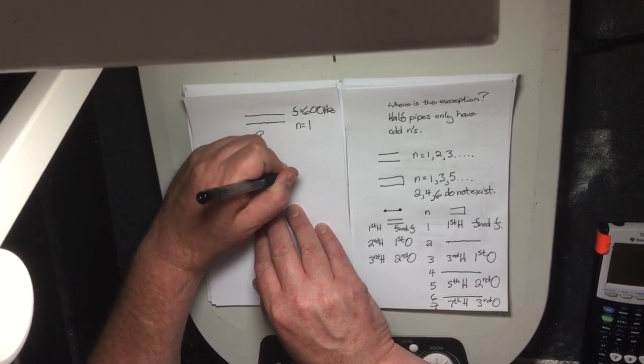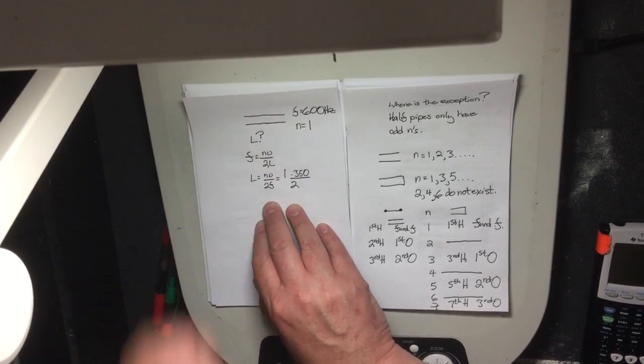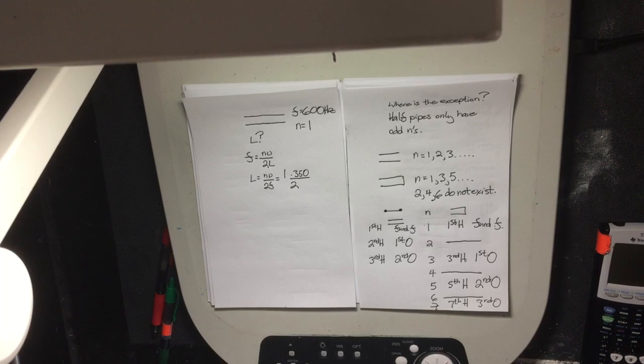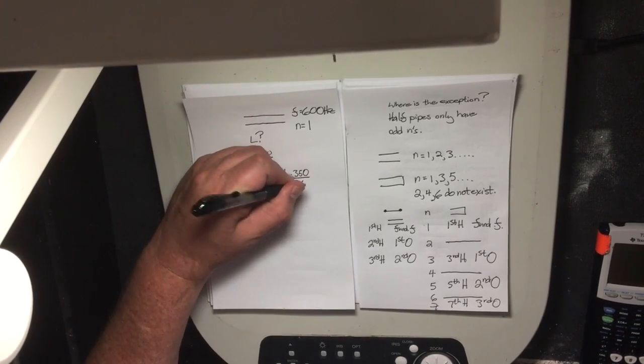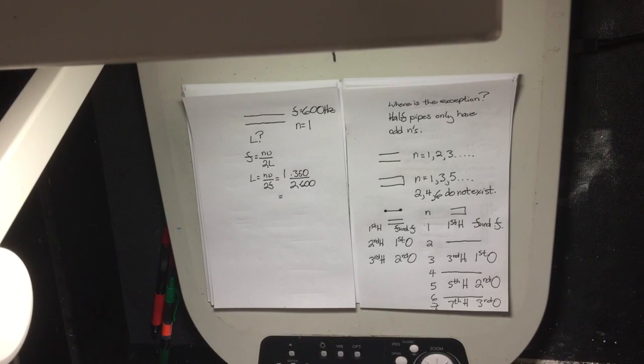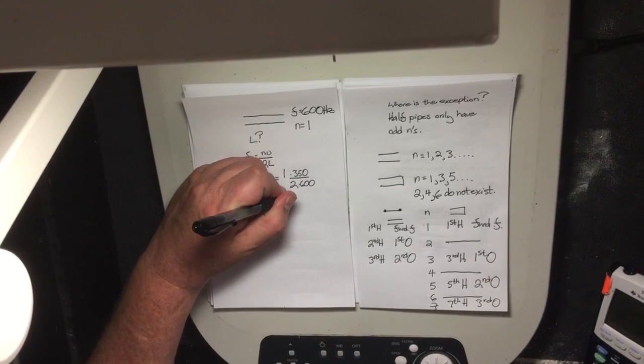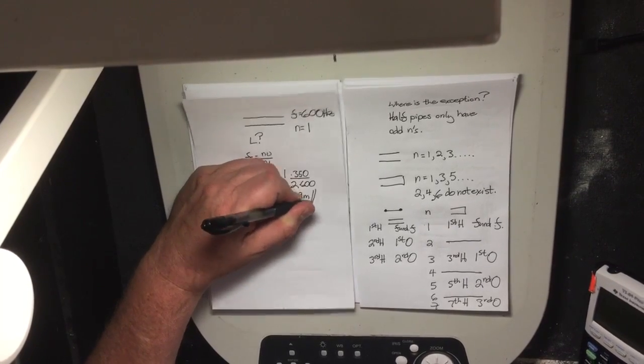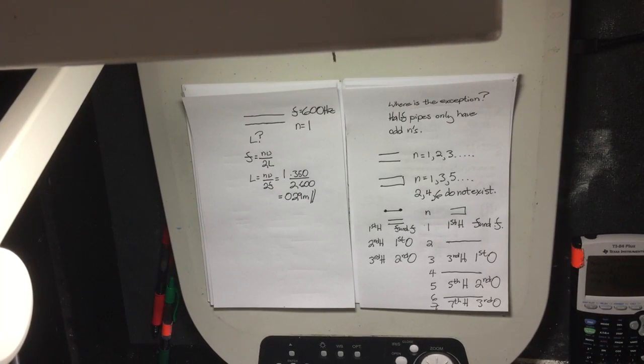N is 1, V is 350. Now in lab, you cannot assume that the velocity of air is 350. You've got to assume that it is in the 340-ish range. The frequency 600, that means that the pipe is 350 divided by 1200, or 0.29 meters. And there we go. So that's a simple example.